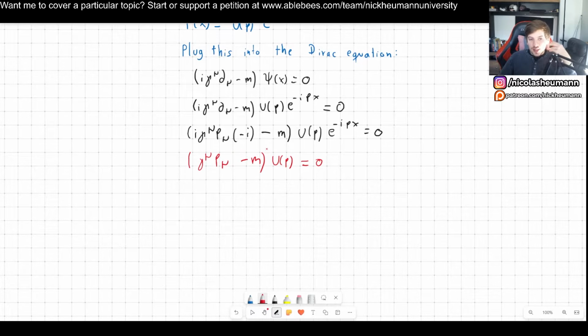And now the way to solve this is that we are going to go to the rest frame of our solution. And then we're going to apply a boost to go back to the general case. So we're going to focus on the rest frame. And what this means is that our p is going to be, well, let's call it p0, and that is simply going to be the rest mass of the particle and 0, right?